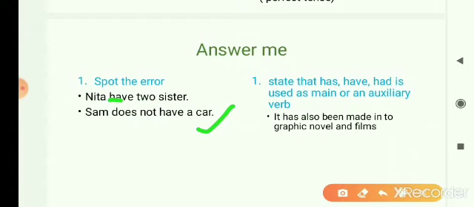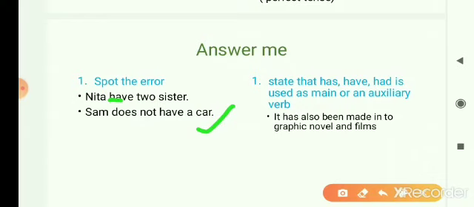State whether has, have, had is used as a main or an auxiliary verb. You have to tell me whether in this sentence there is have, has or had, and if there is, what it is acting as. Is it acting as a main verb or as an auxiliary verb? Yes, I can see a has here. Is there any other verb here?